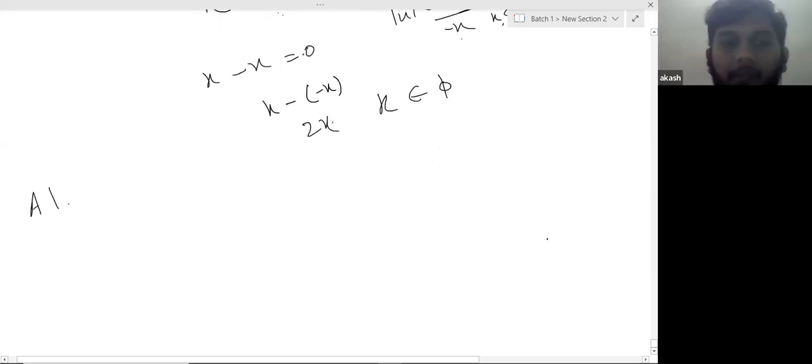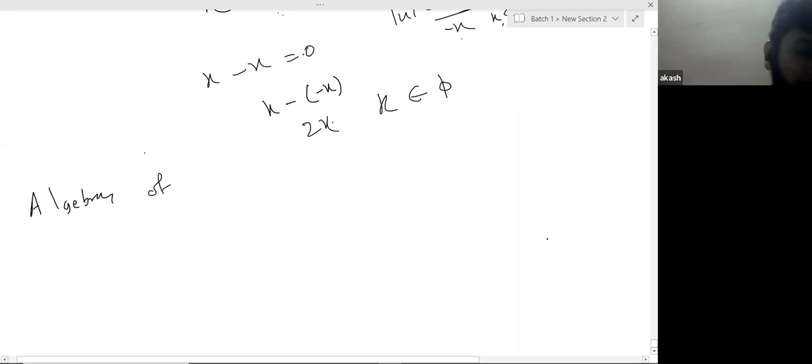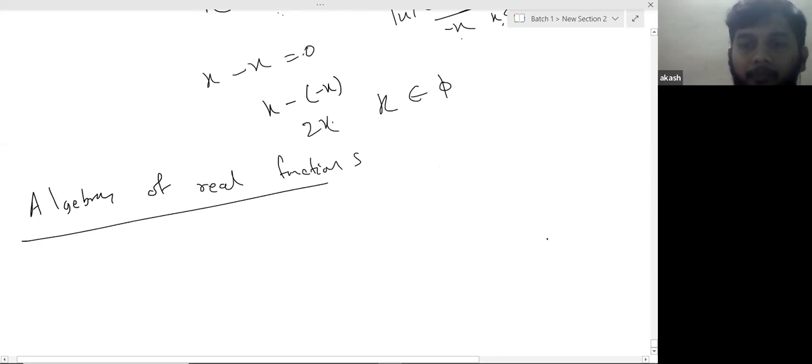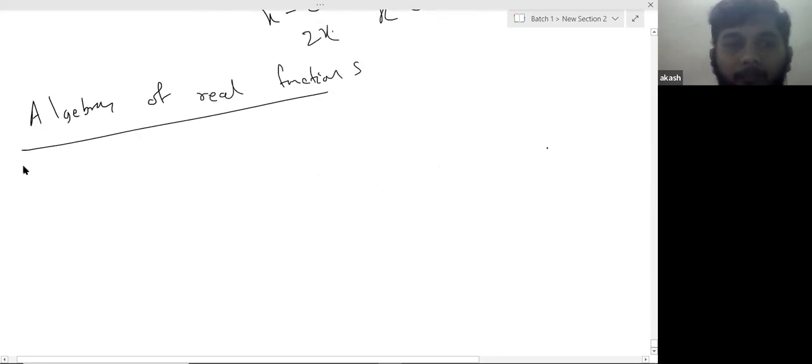Write down algebra of functions, real functions. Addition of two functions.